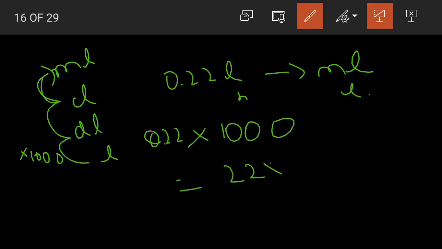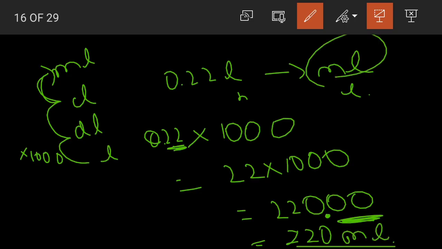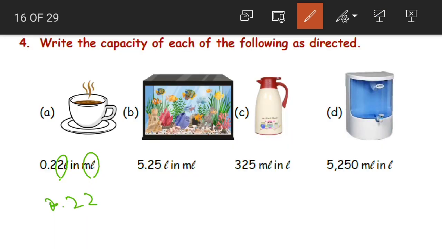That is nothing but 22 multiplied by 1000, which is equal to 22,000. Now coming to the decimal point, here we have 2 decimal places, so after 2 digits from the right we'll place our decimal point. Our answer becomes 220 milliliters. We are converting into milliliters, so our answer becomes 220 milliliters.